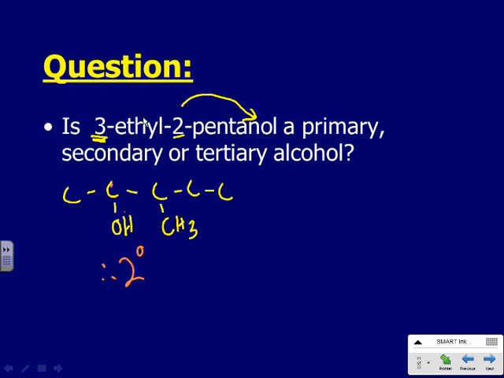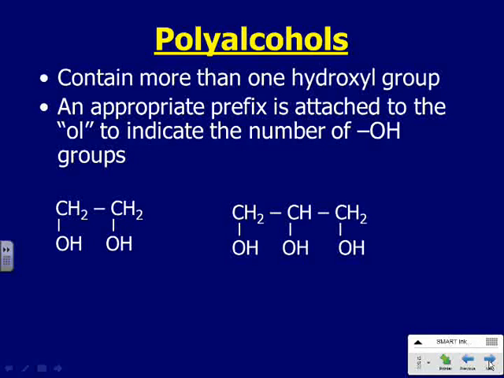Okay? In order for this to be primary, I'd need my ol to be a 1. And in order for it to be tertiary, I need this to be anything but 1, but my alkyl branch has to be the same number. All right.